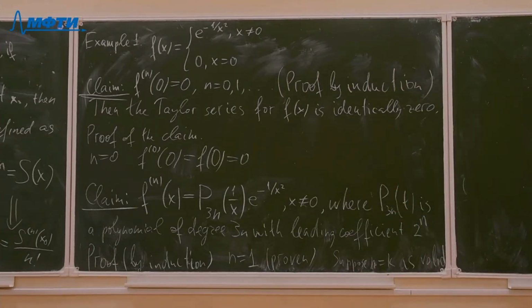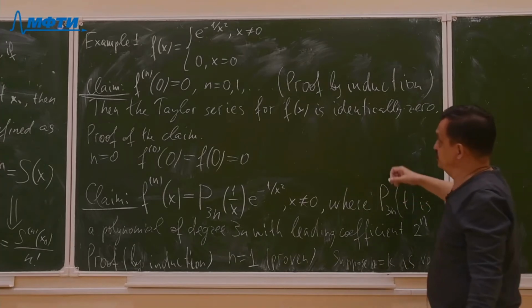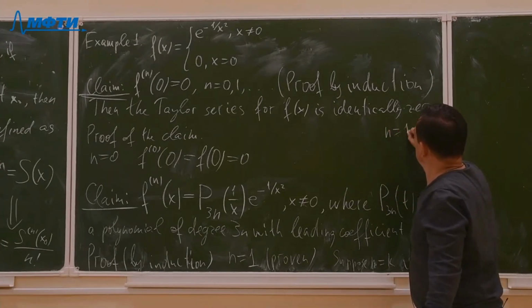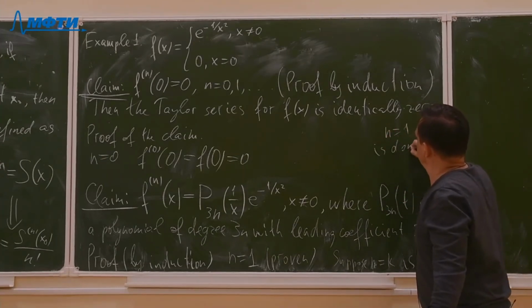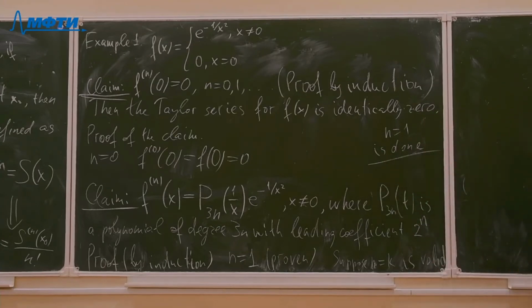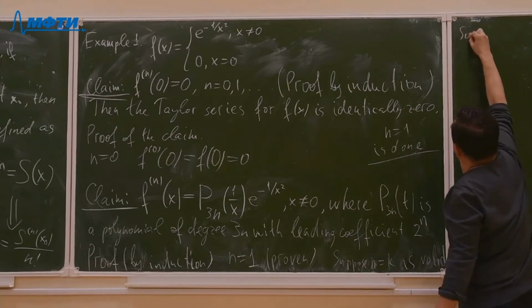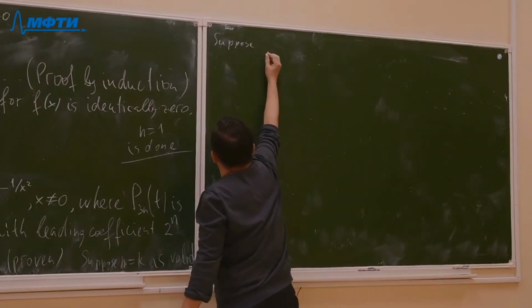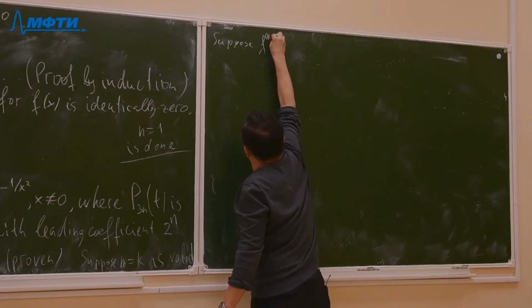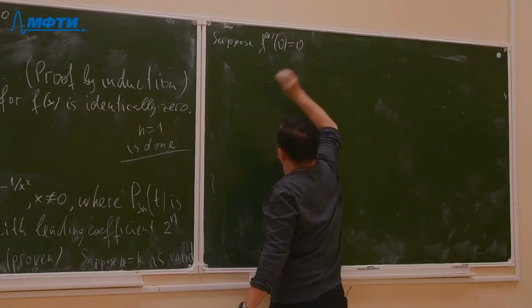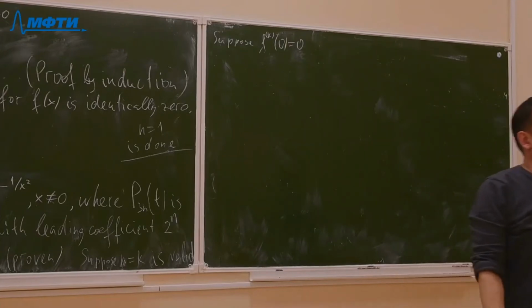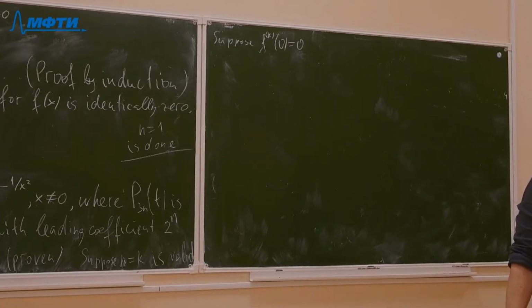So, n equals 1, we checked, right? The first derivative we checked. n equals 1 is done, right? So, okay, suppose the kth derivative at 0 is 0, that is, n equals k is valid, right?